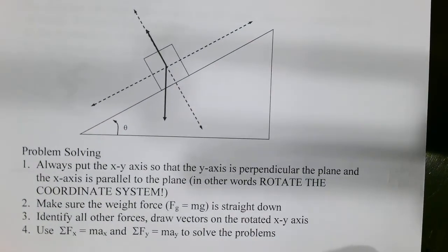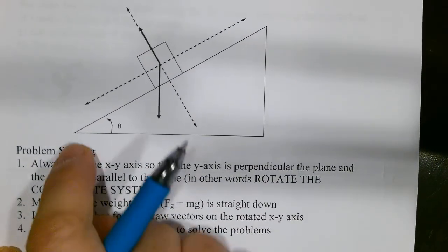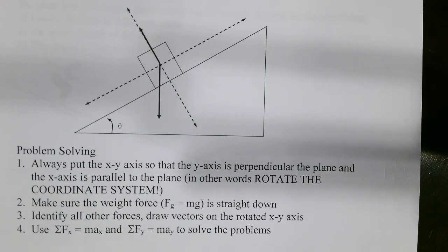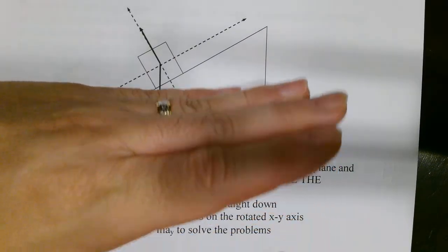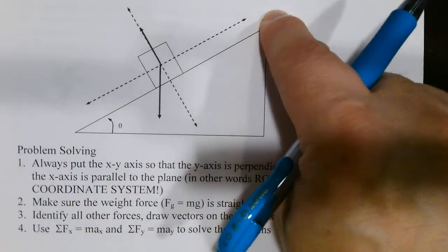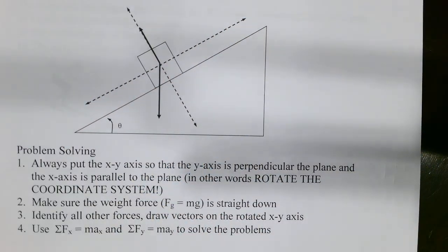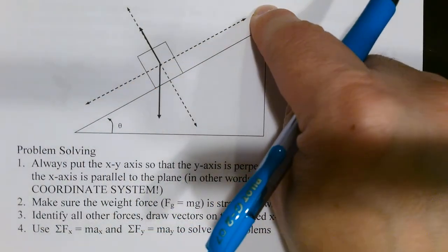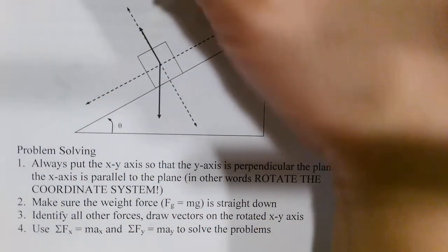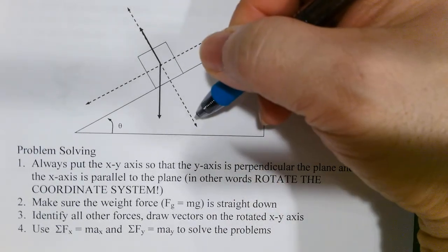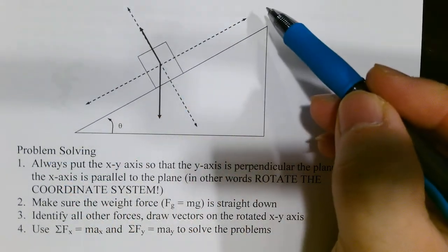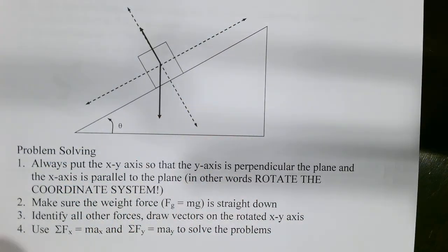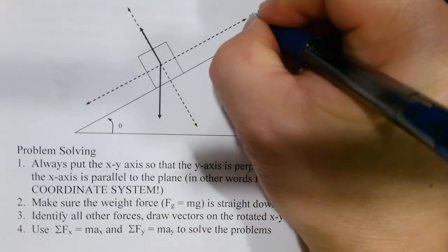Next, we're going to be talking about something on the inclined plane. When we have something on the inclined plane, first rotate your axis so that the x-axis, otherwise x prime, is parallel with the incline, and your y-axis, or y prime, once rotated, is perpendicular to the incline. So this is your x prime.